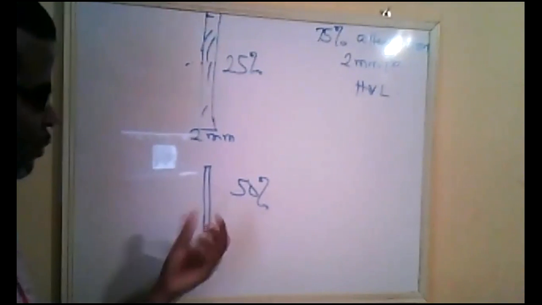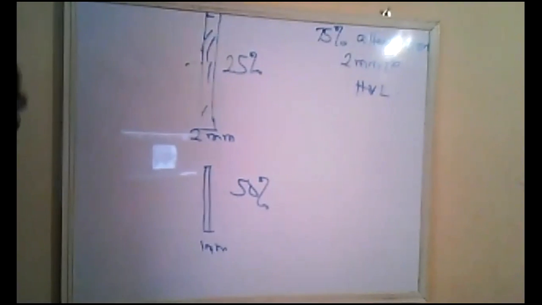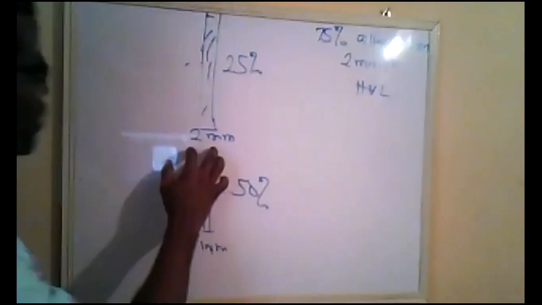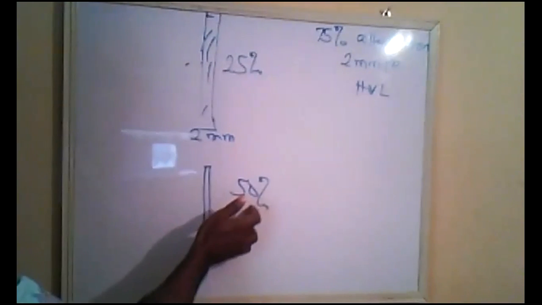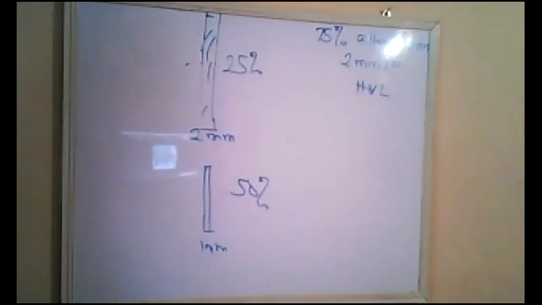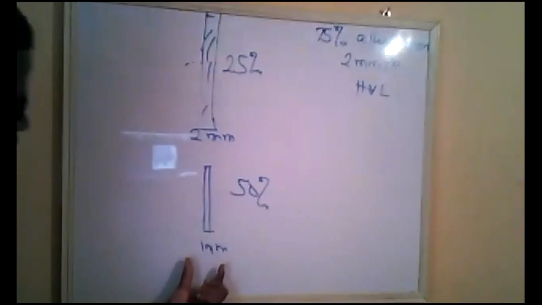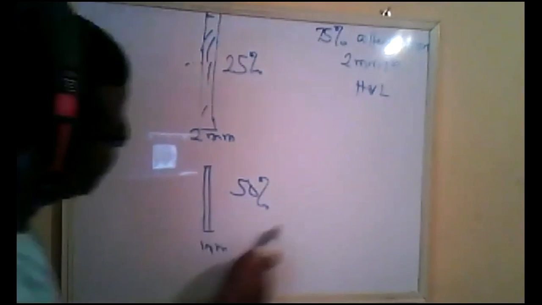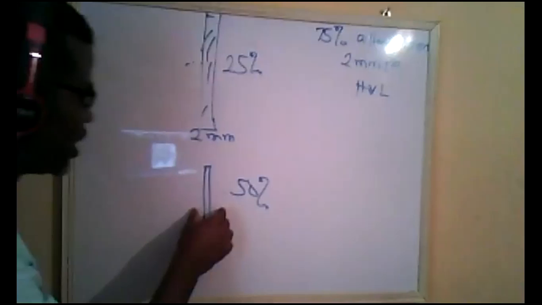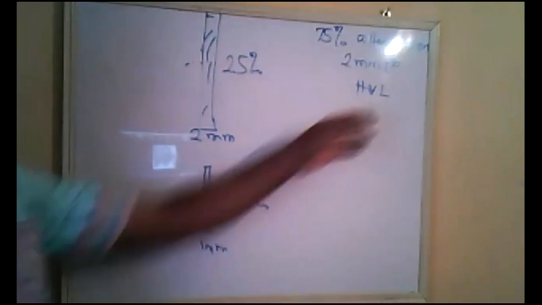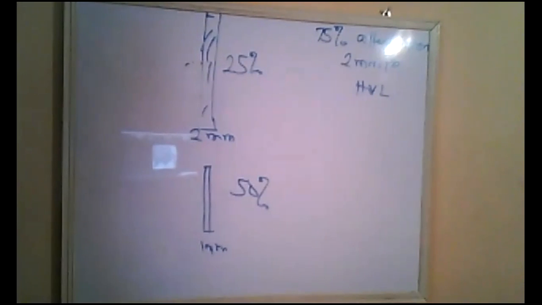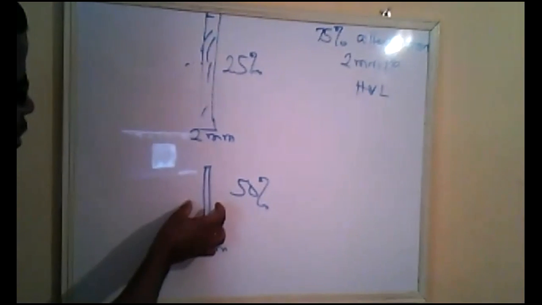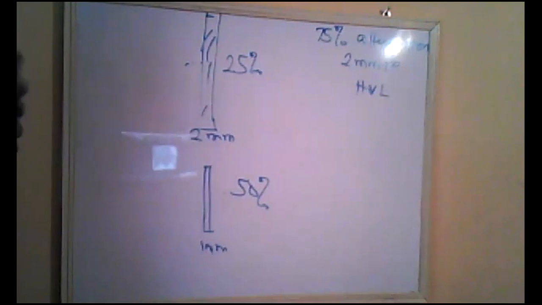If we absorb 50%, it means that 50% was transmitted. So 25% was transmitted. For 50% to be transmitted, we have to reduce this by one half, because 50% is just 2 times 25%. The lesser the attenuator, the more the transmission, the more photons transmitted. Our HVL is the thickness of an attenuator that will absorb 50% of the beam. So 1 millimeter is our HVL.